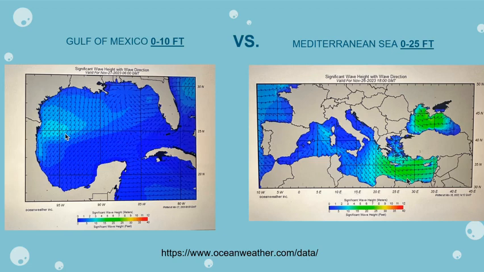This is the color line saying that 0 foot is the darkest blue, and the highest over here would be 40. So we see over here it gets up to around 0 to about 10 feet of wave height. So that's not too much.